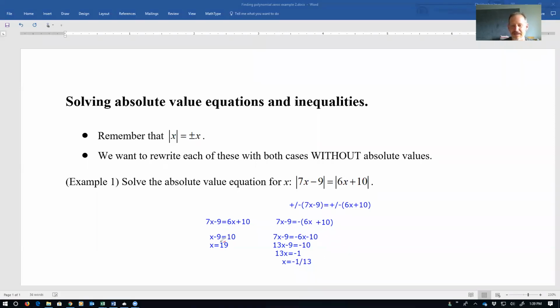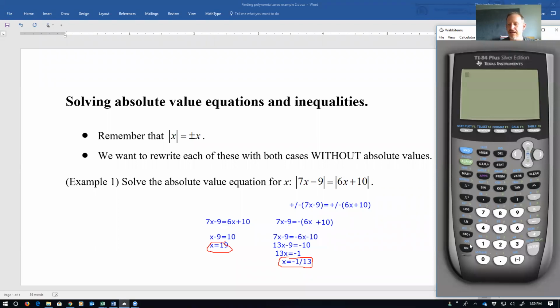I say possible because there's a possibility that these don't check out. What we would like to do is check them in the calculator. Let's try. If you go to Math in the calculator and scroll over to NUM, you have the absolute value. So I can plug in 19 for x and get the first side, 7 times 19 minus 9 is equal to 124.